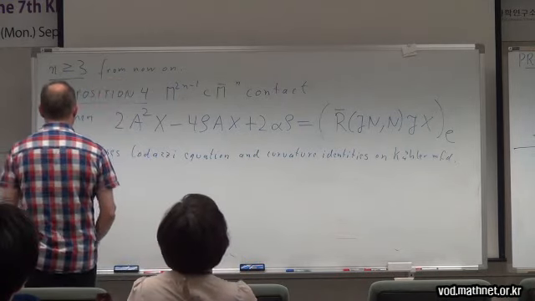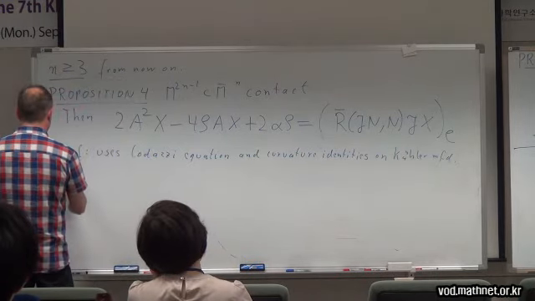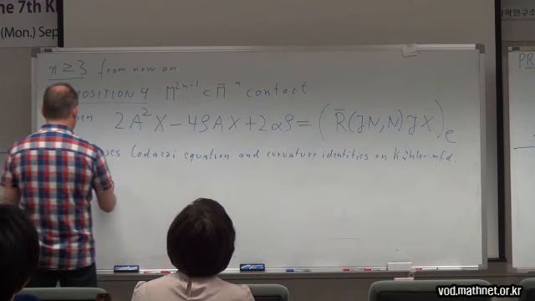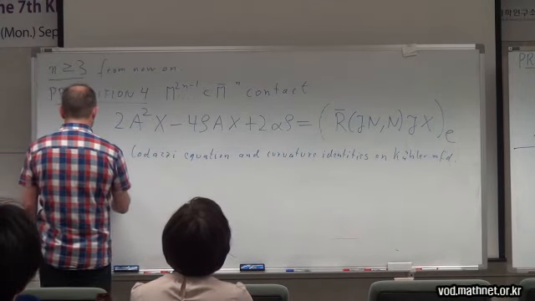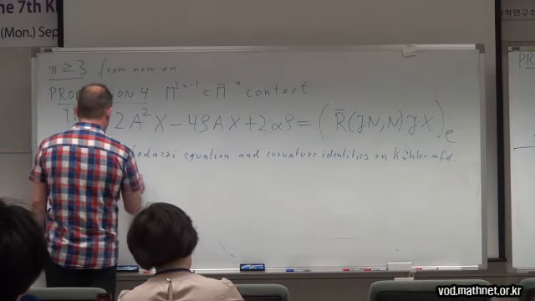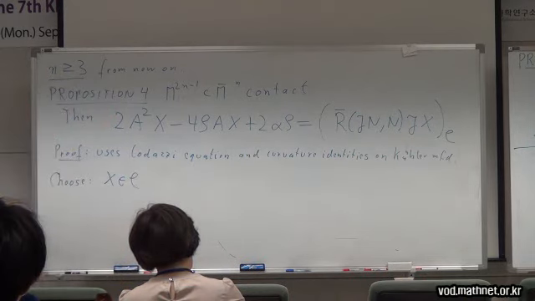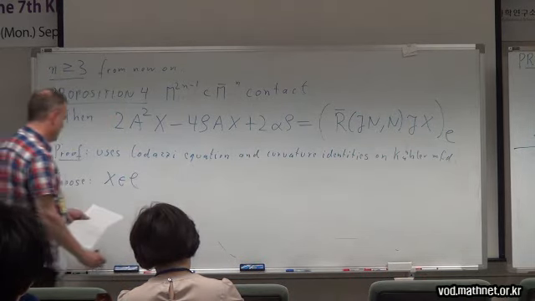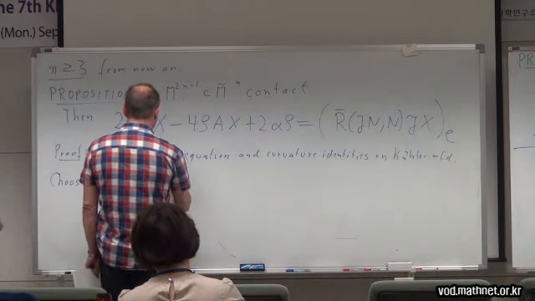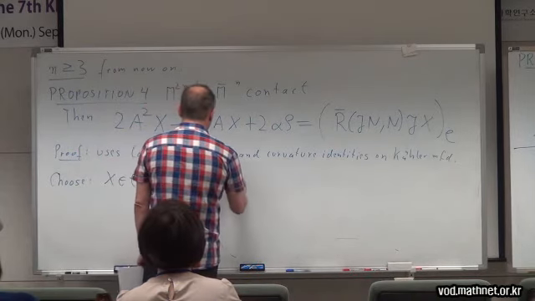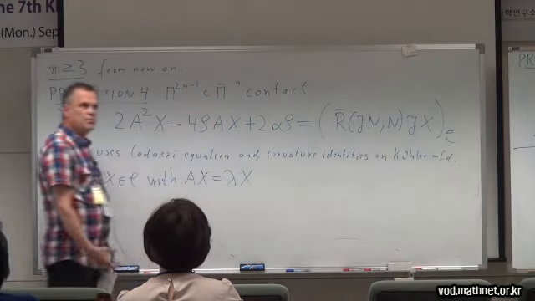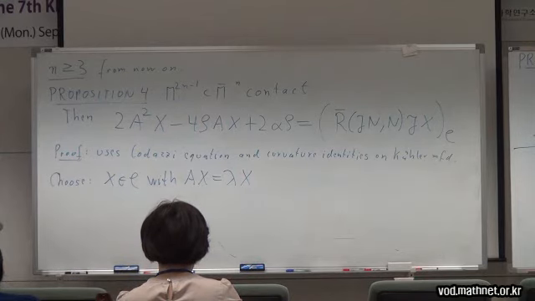So for example, choose a principal curvature vector. Choose x in the maximal holomorphic subbundle, or in the contact distribution, with Ax equal to lambda x, so a principal curvature vector.